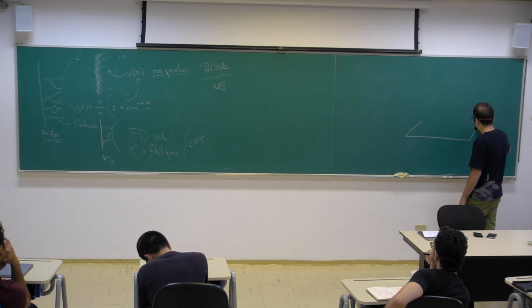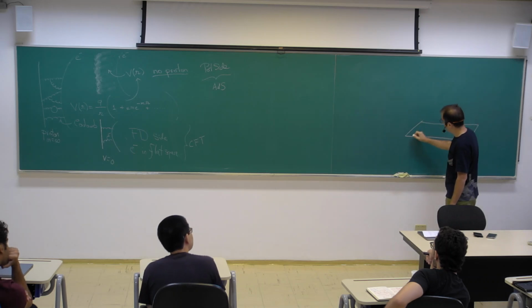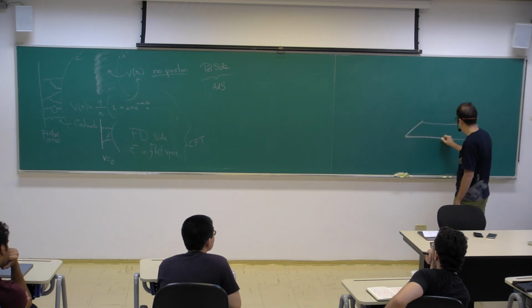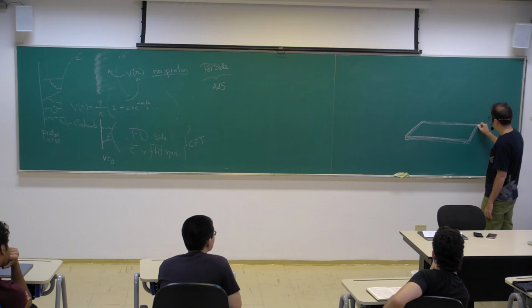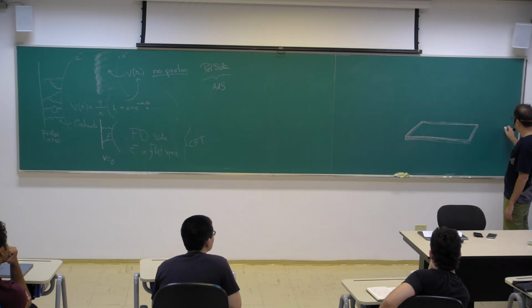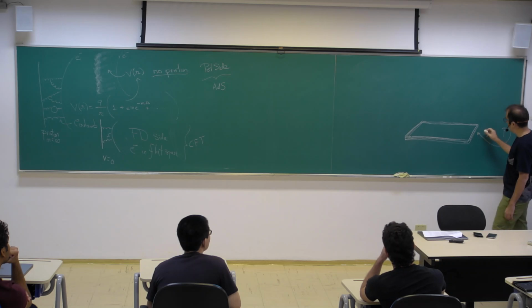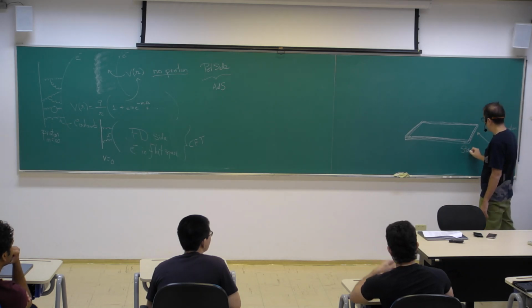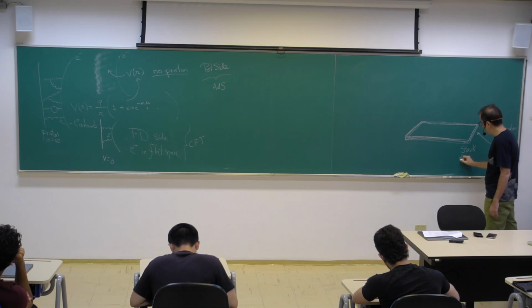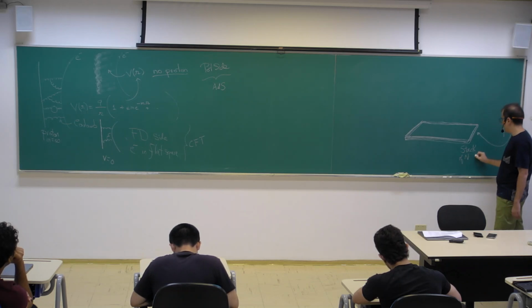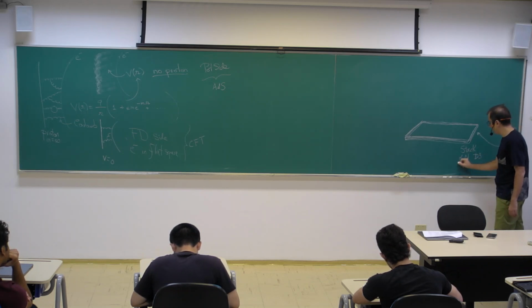But actually, to make it really heavy, we will not put one, we will put a stack of them, many of them, like a deck of cards. Okay? So that's the fundamental starting point. Instead of the proton, we'll put this, which is a stack, which just means they are on top of each other, a stack of many, N, D3 branes.